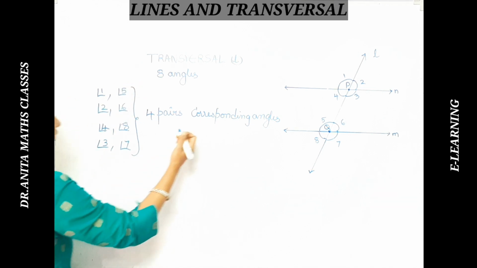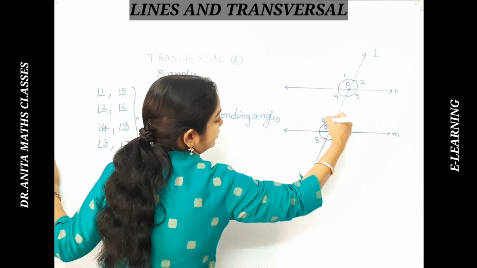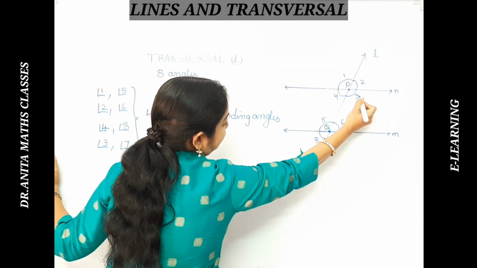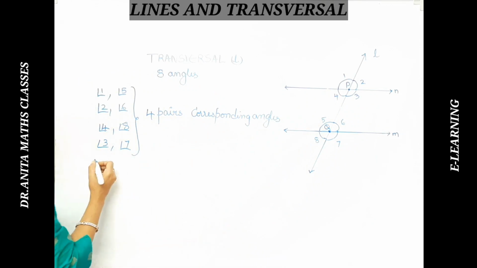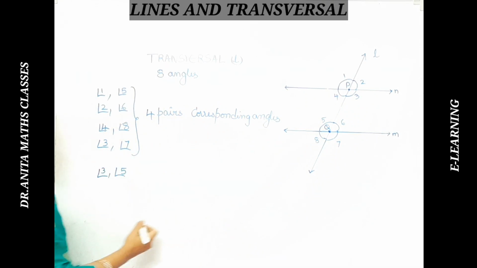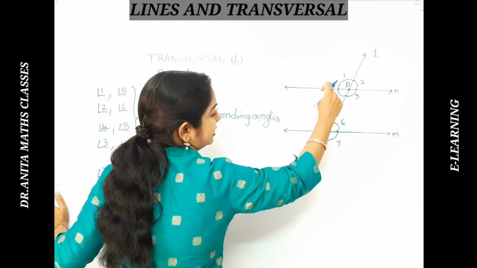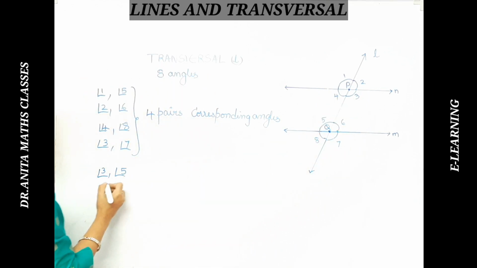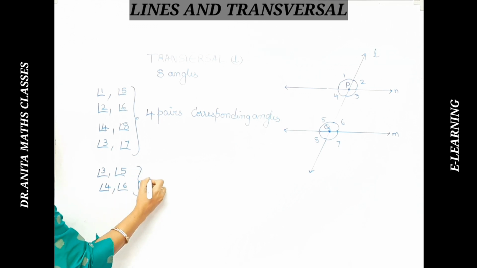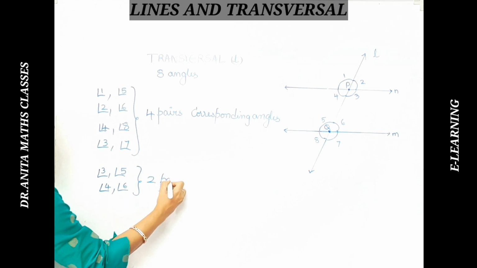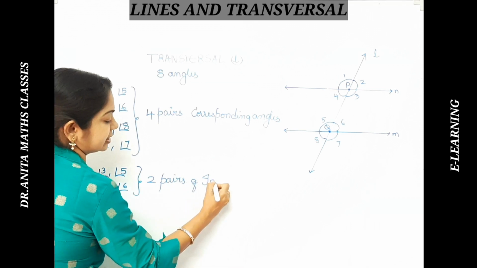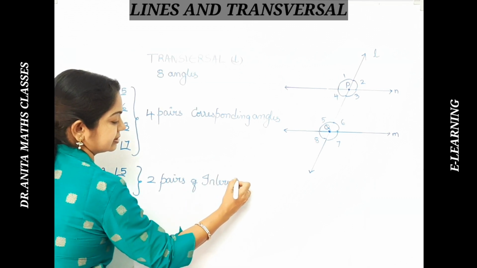Now let us see the others. We know that 3, 4, 5 and 6 are all interior angles. If I take angle 3 and angle 5, this is one pair, and I'll take angle 4 and angle 6 as another pair. So these form 2 pairs of interior alternate angles, because they are interior, inside, isn't it?